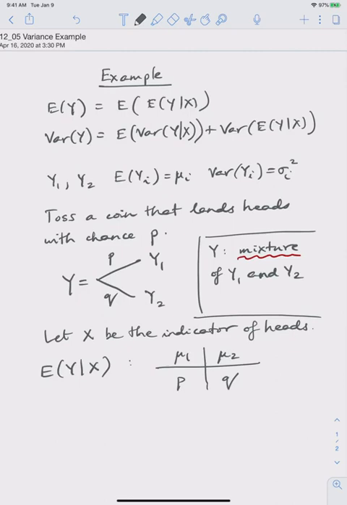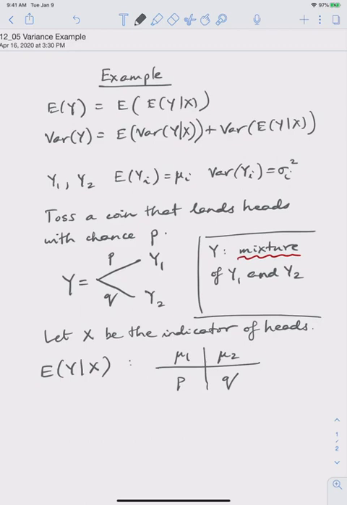Notice how simple that random variable is. It looks more complicated than either y or x, but it is very, very simple. It is merely a two-valued random variable. It has one value for each of the values of the conditioning random variable. So x has two values, so any function of x is going to have at most two values.